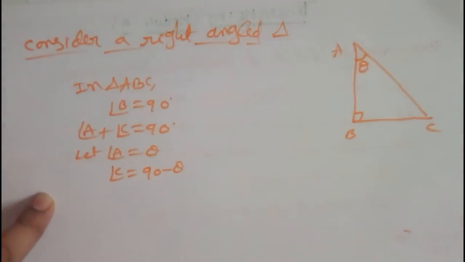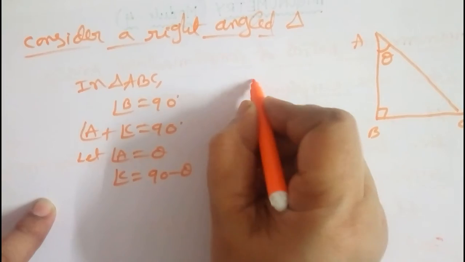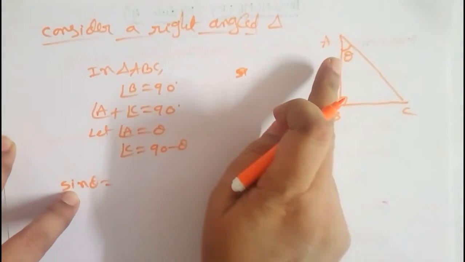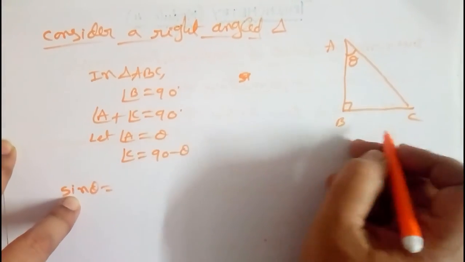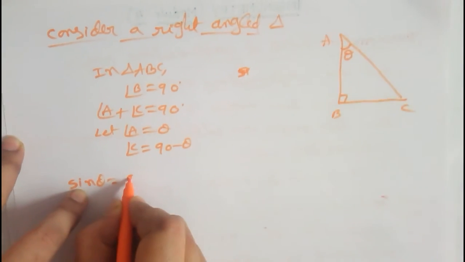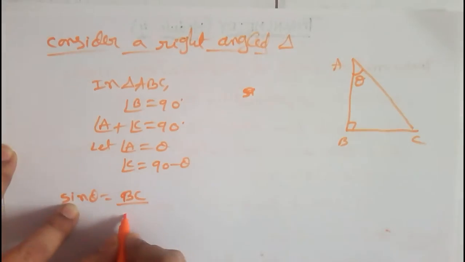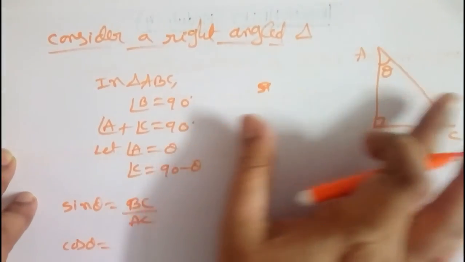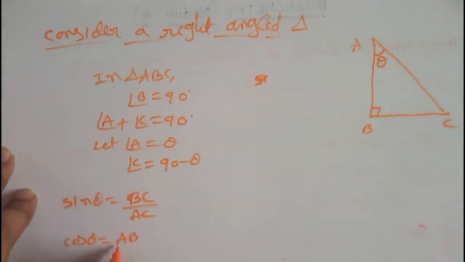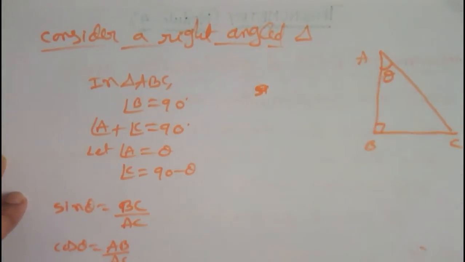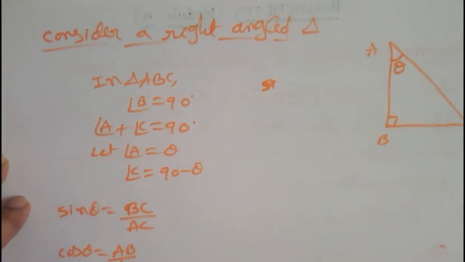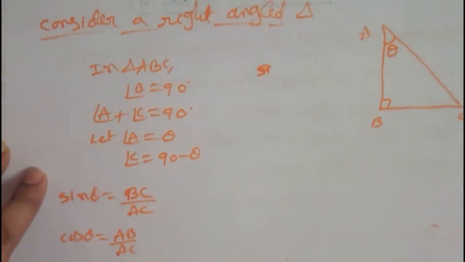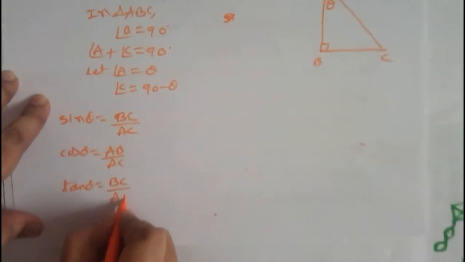Now we already know the trigonometry ratios. Here, what is sin theta? Sin theta is opposite by hypotenuse, that is BC by AC. Cos theta, adjacent by hypotenuse, AB by AC. Tan theta, opposite by adjacent, BC by AB.